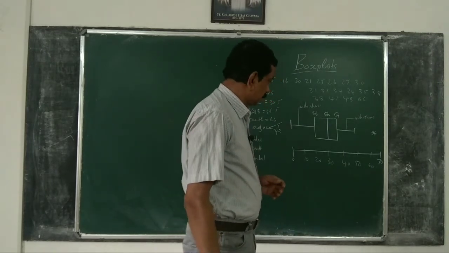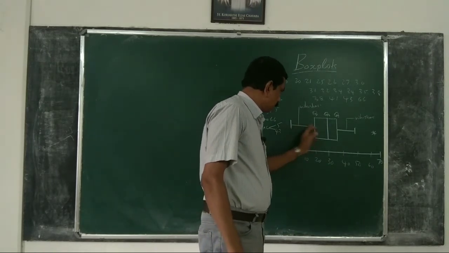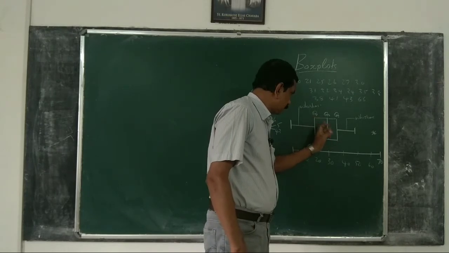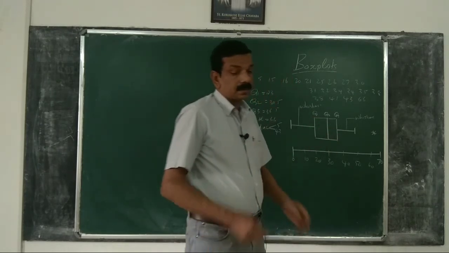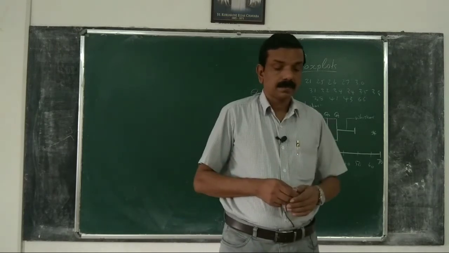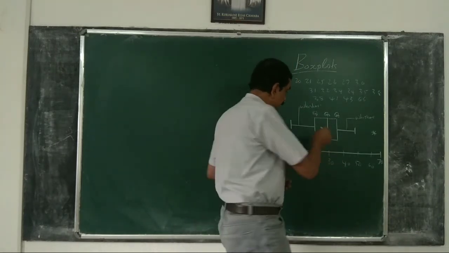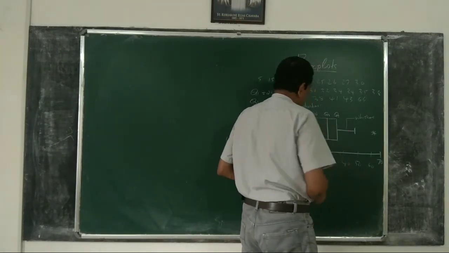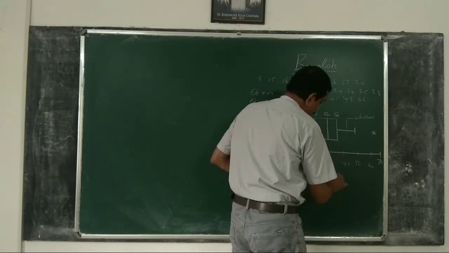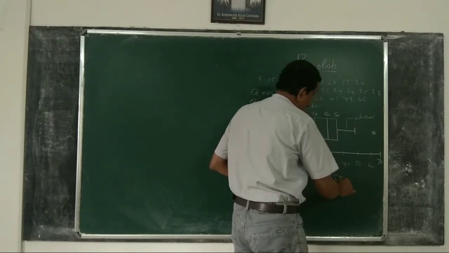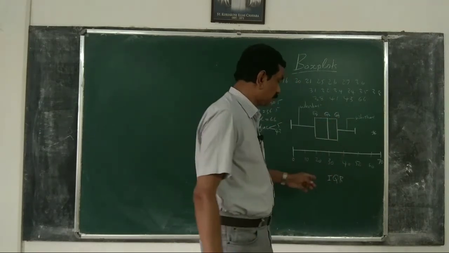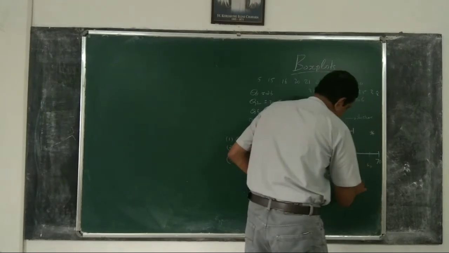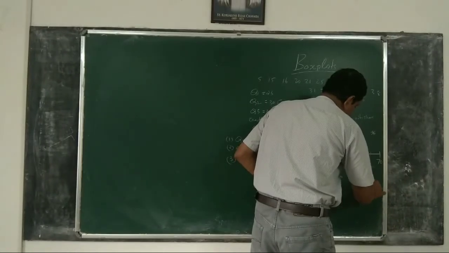As you can see, the distance between these vertical lines shows the extent of variability. The width of this box is the value of the interquartile range, that is IQR, which is equal to Q3 minus Q1.